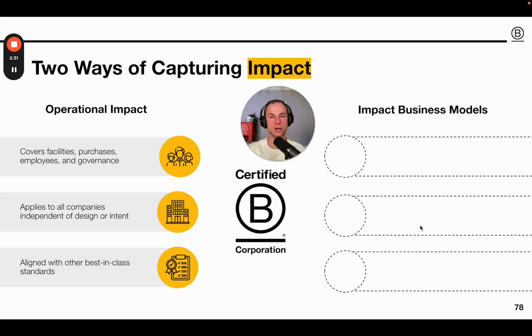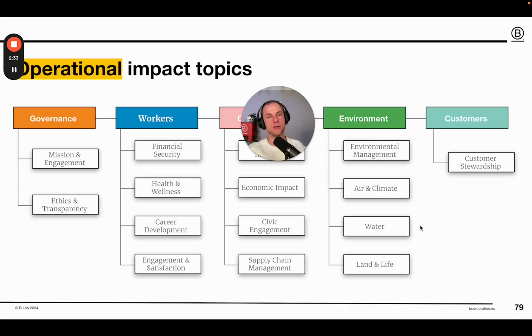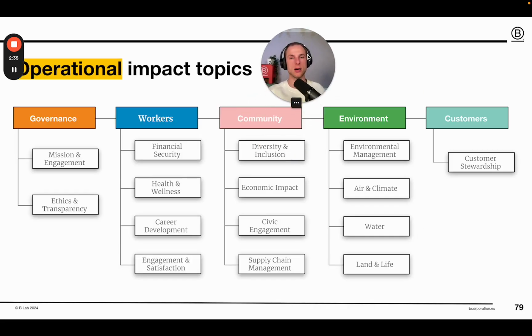We can have a look at the list of the topics of operational impact that are in the BIA. So in the B Impact Assessment, remember that there are the five different impact areas, and these are the operational impact topics that you will find in the assessment.